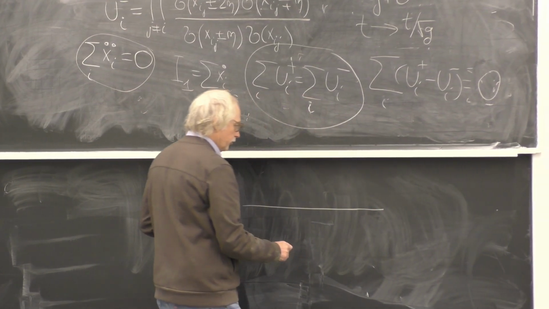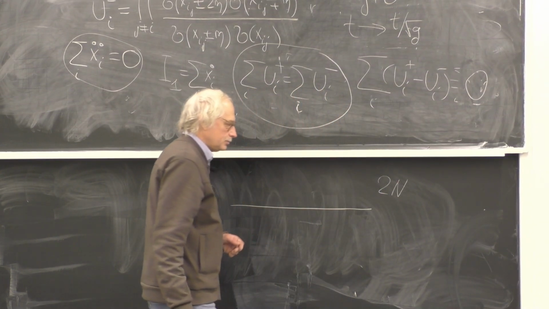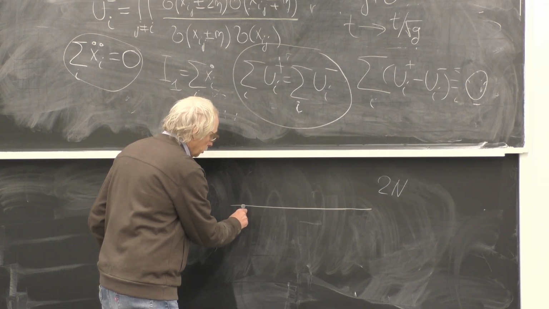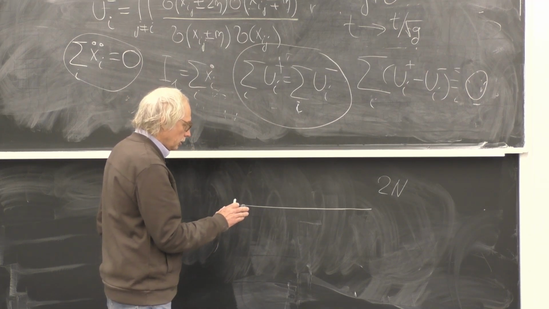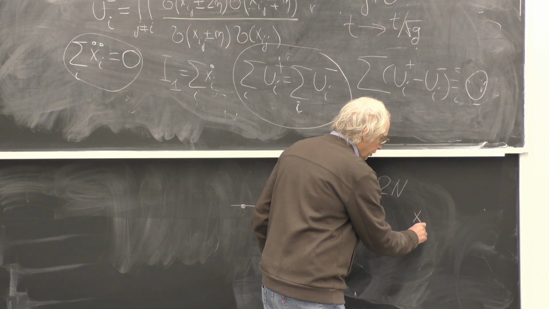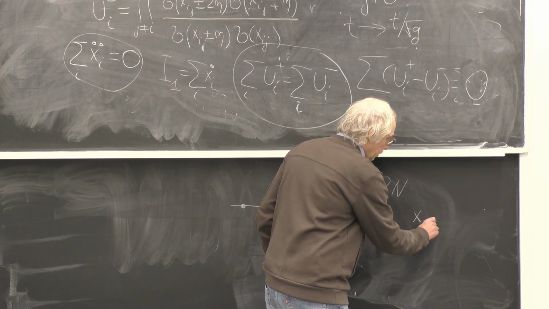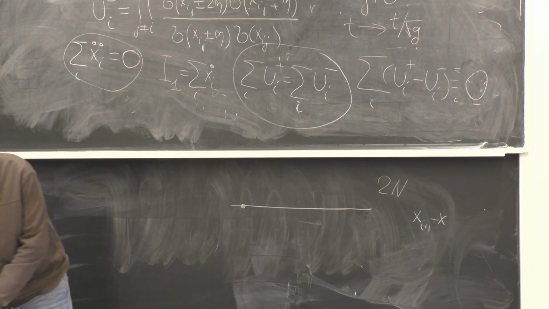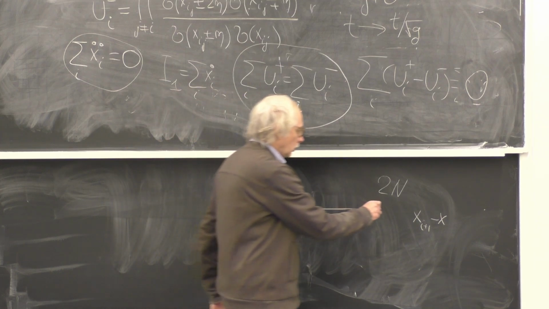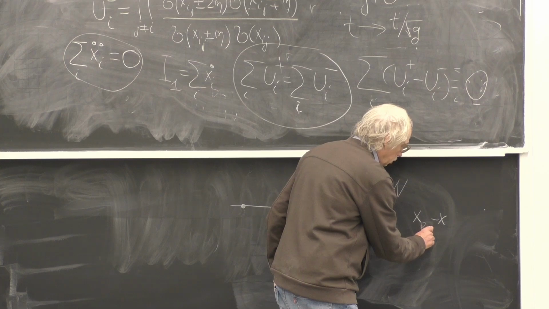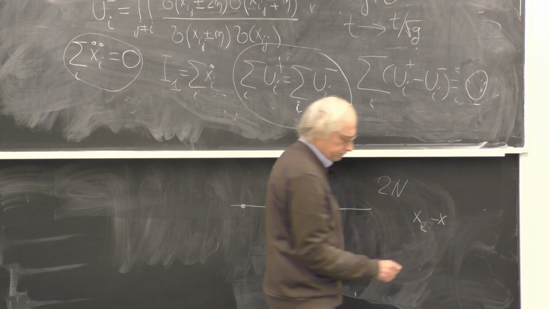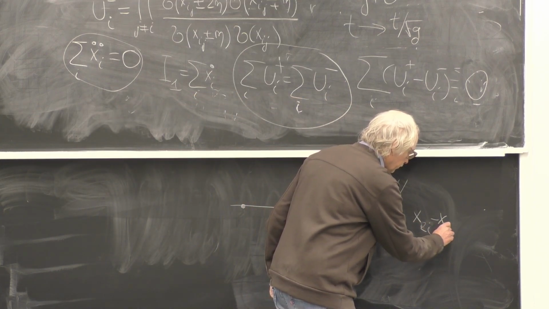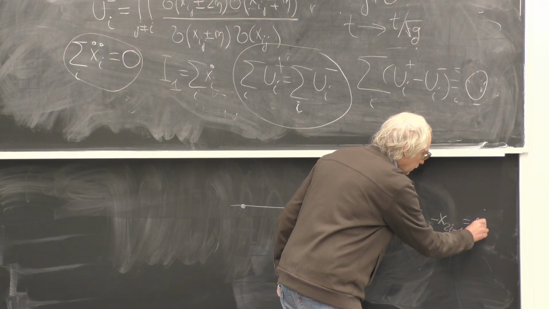Namely, consider the following configuration. 2n Ruijsenaars-Schneider particles, which form pairs such that x_{2i} minus x_{2i-1} is equal to eta.